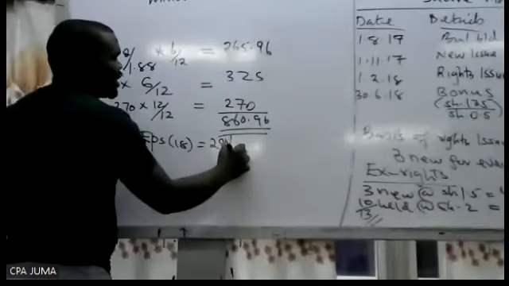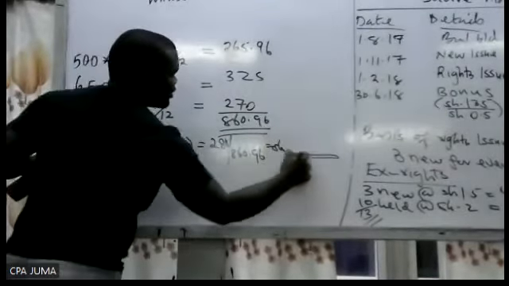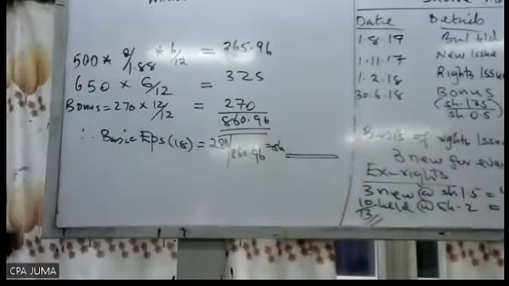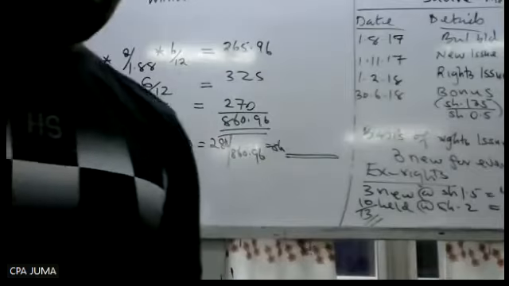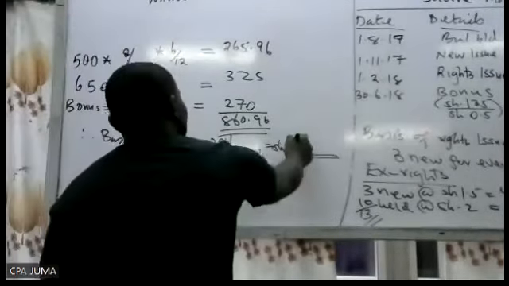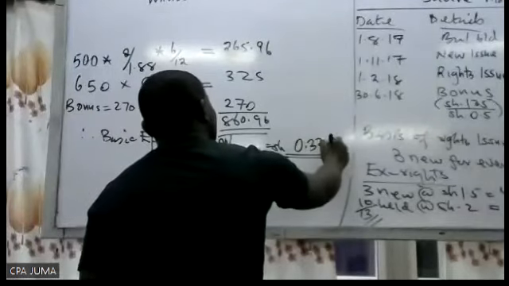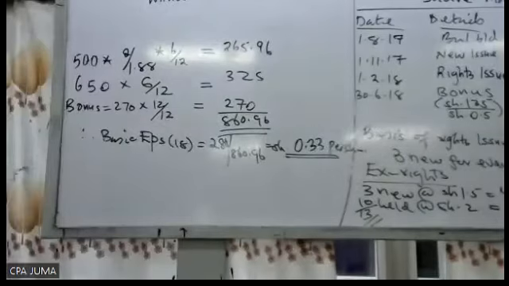So 280 divided by 860.96 shillings gives 0.33 per share. They don't even mark those as final answers.